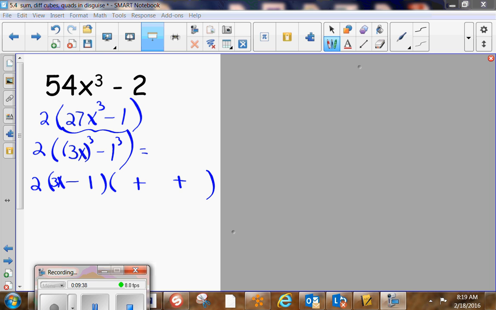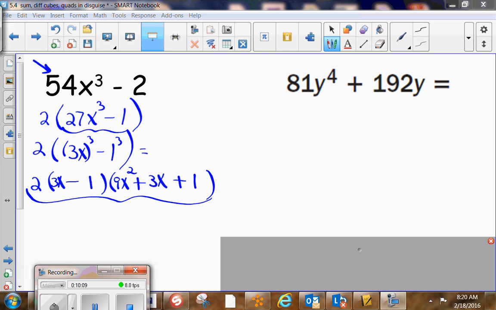That's 1, 9x squared, 1 squared. Probably 2. So I need 3 factors when I'm done. Can't leave that 2 out, because whatever it is here has to be able to multiply out back to here. And if you leave that 2 off, you will not end up back there. It has to be part of your factoring.